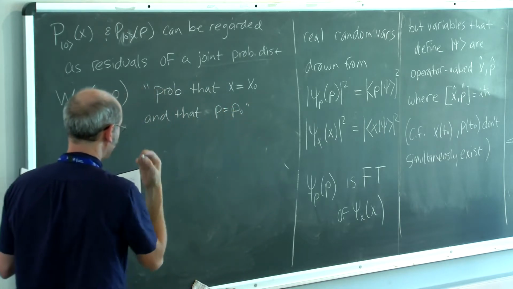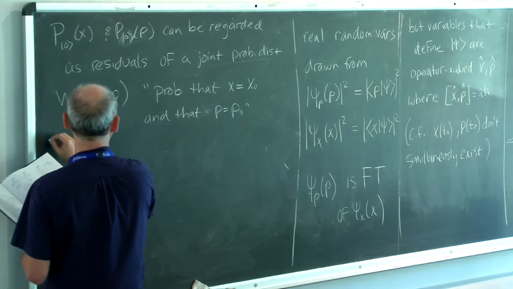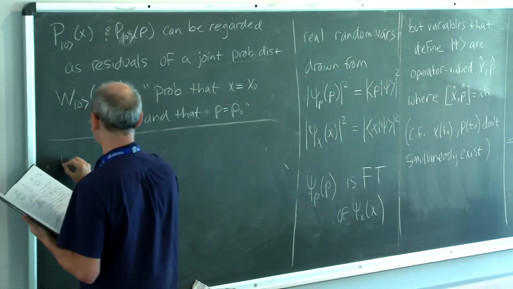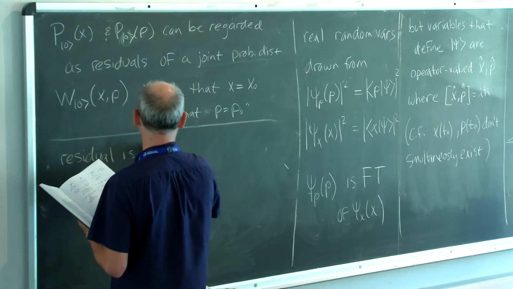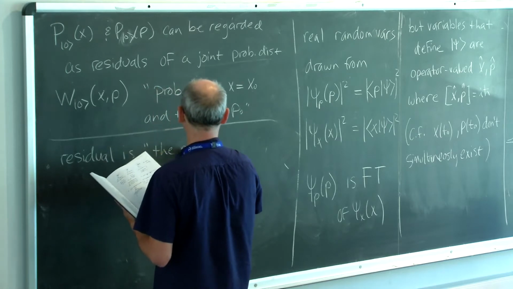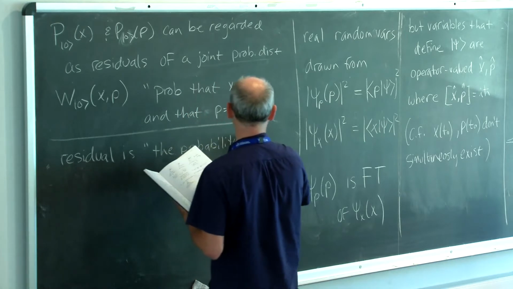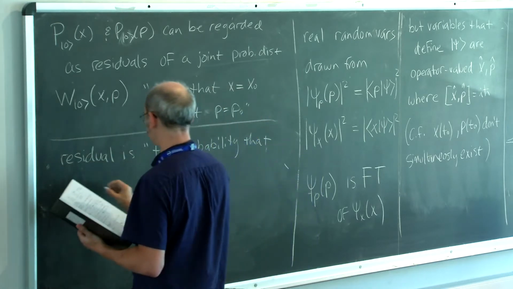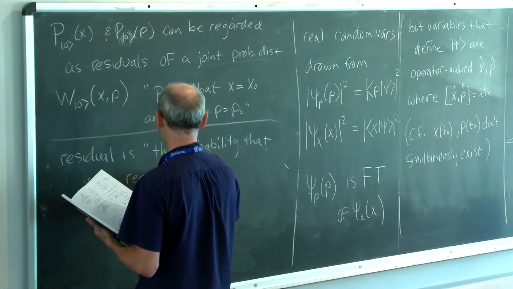And the reason that we can make this definition is that the residual of a joint probability is the probability that x is equal to some specific value regardless of what p happens to be equal to.